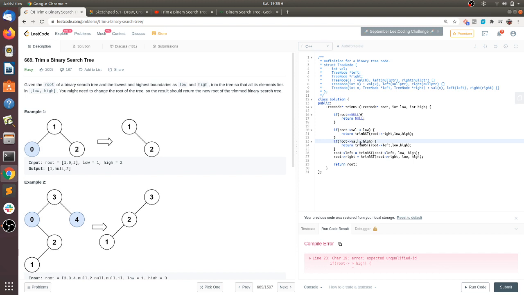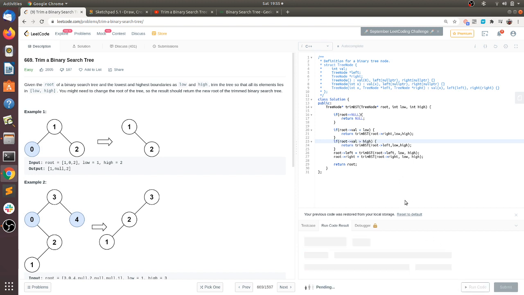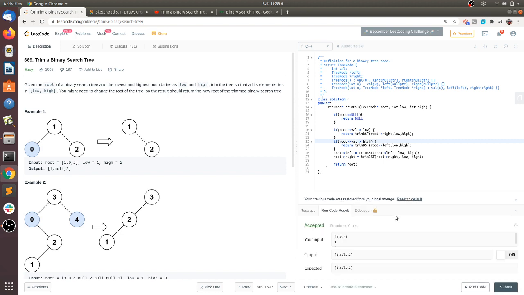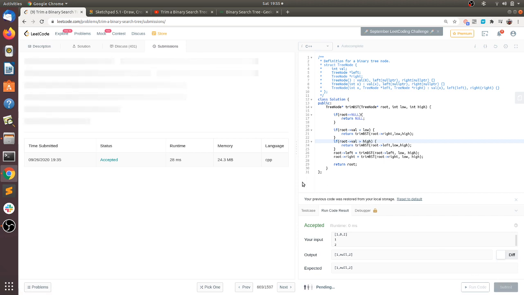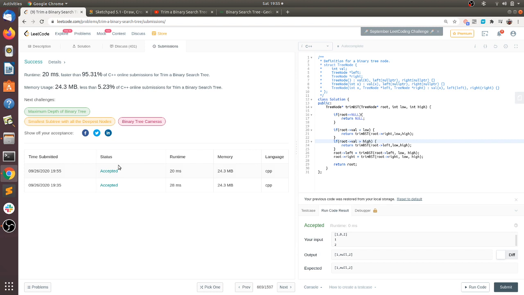Okay, I'm missing root of val. Yeah, it's taking it now. Let me try to submit. Yes, it's accepted. So that's it. That's the solution for trim a binary search tree, problem 669 on LeetCode. Thank you.